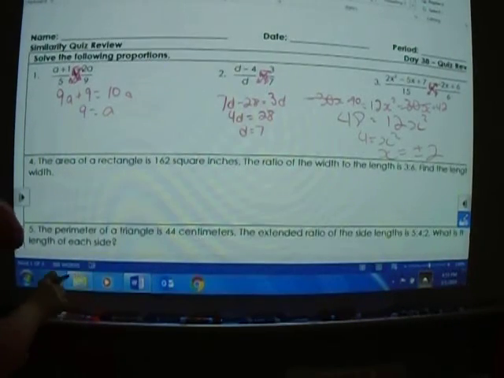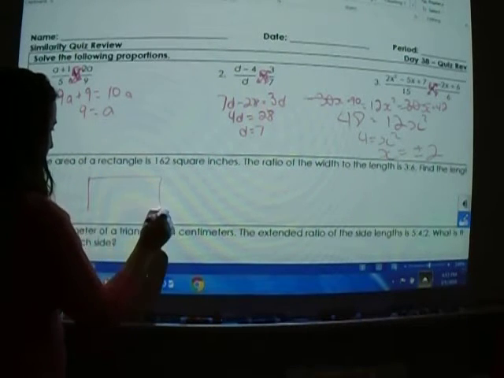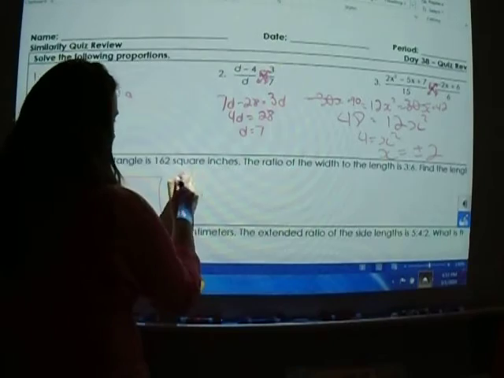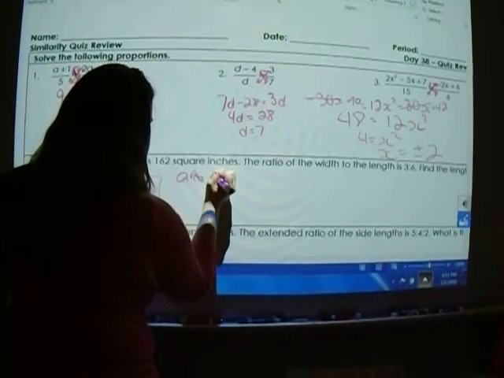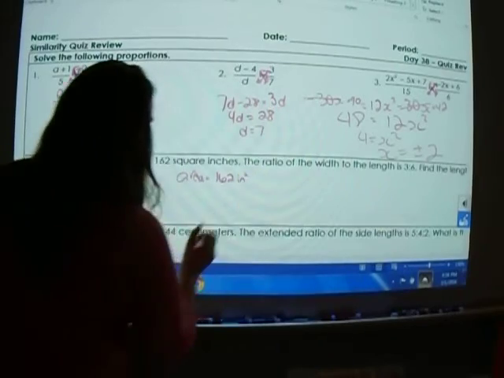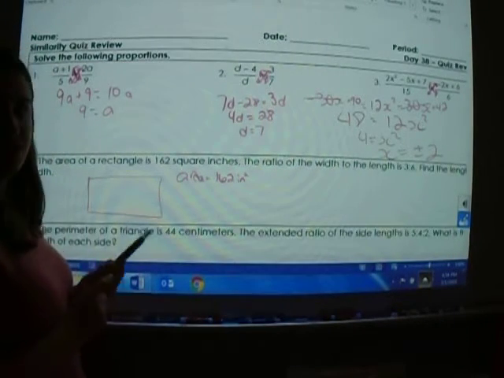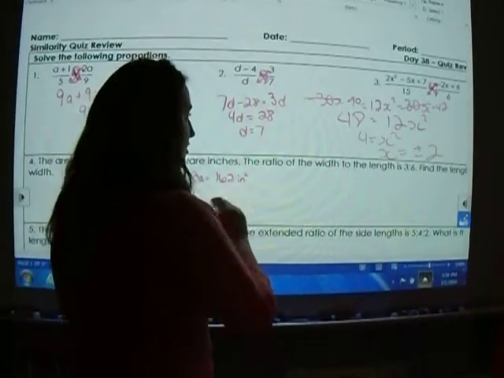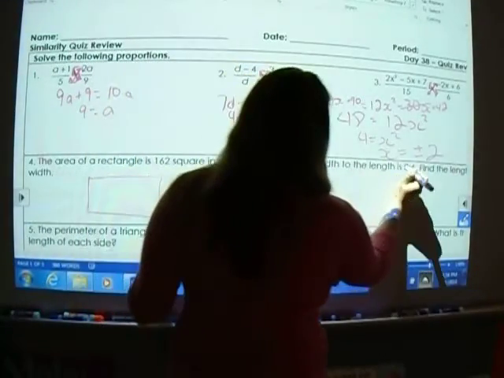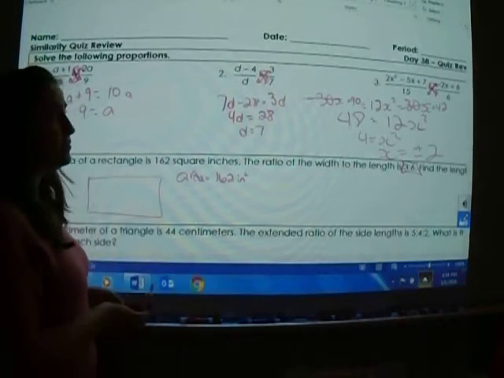All right, let's look at number 4. The area of a rectangle, so let's draw a rectangle, where area equals 162 square inches. The ratio of the width to the length is 3 to 6. Find the length, okay? So, let's use our dummy variable, say m.